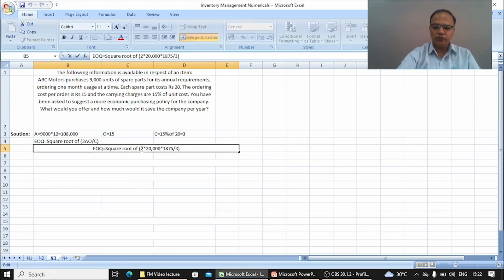EOQ is the square root of 2AO divided by C. A is equal to 108,000, into ordering cost O, divided by C, which is 3. So 2 into 108,000 into 15 divided by 3.